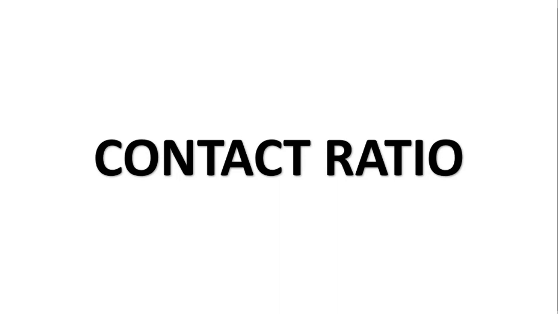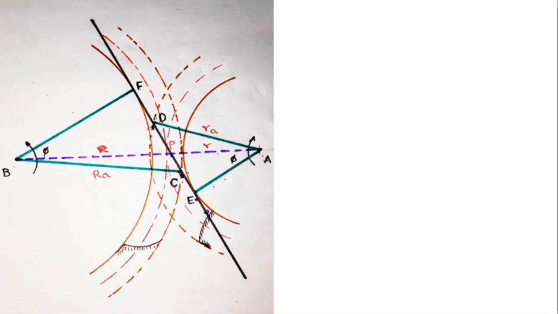So friends, let's see what is this contact ratio. Contact ratio is defined as the ratio of length of arc of contact to the circular pitch. We have already seen the length of arc of contact. That is from point C on this pitch circle to point D on the pitch circle. Point C is that point where the engagement of the teeth takes place, that is a tooth of pinion and a tooth of gear.